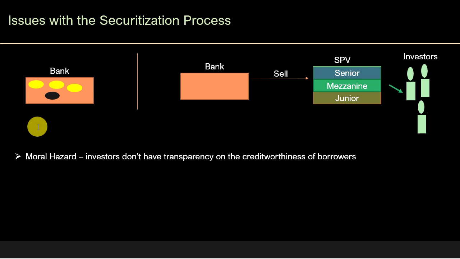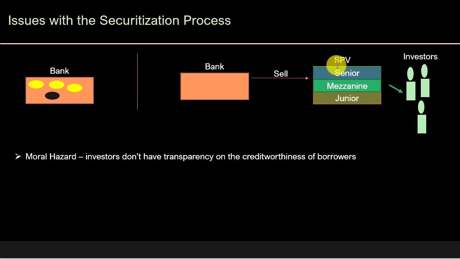Remember, in a securitization process, a bank will have various assets such as personal loans, corporate loans, mortgages, credit card loans, student loans, etc. Rather than bearing that credit risk, what a bank could do is sell all these assets to a special purpose vehicle. So this is a separate legal entity.